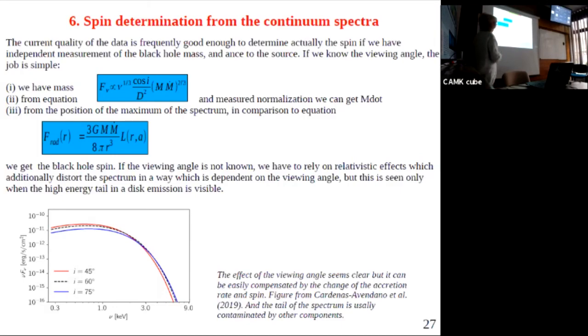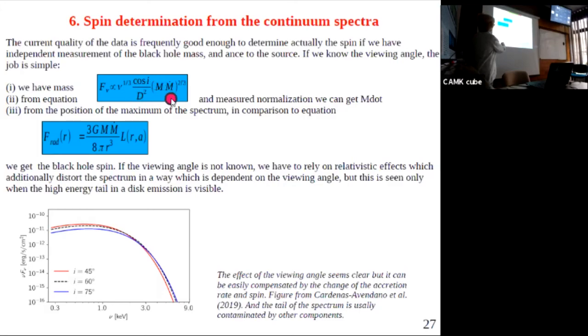So this, on one hand, really allows us to calculate the value of the black hole spin. And the method is relatively simple if you have an idea about the black hole mass. You need an independent measurement of the black hole mass, an independent measurement of the viewing angle, and an independent measurement of the distance to the source.